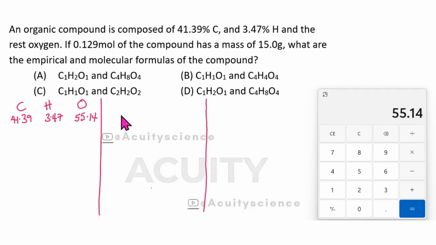Now, when calculating the relative molecular mass of a compound, for example C2H6, you multiply the atomic mass of carbon by 2, that's 12 by 2.